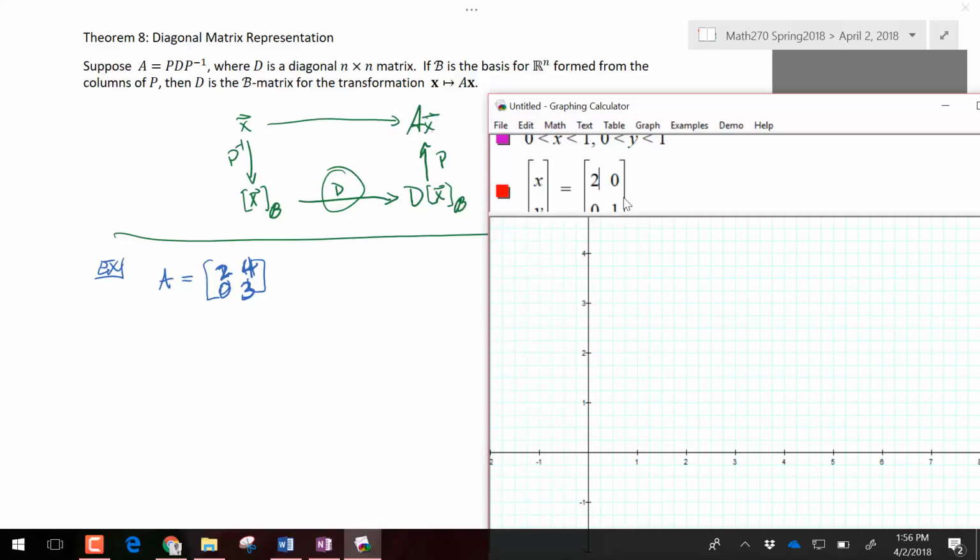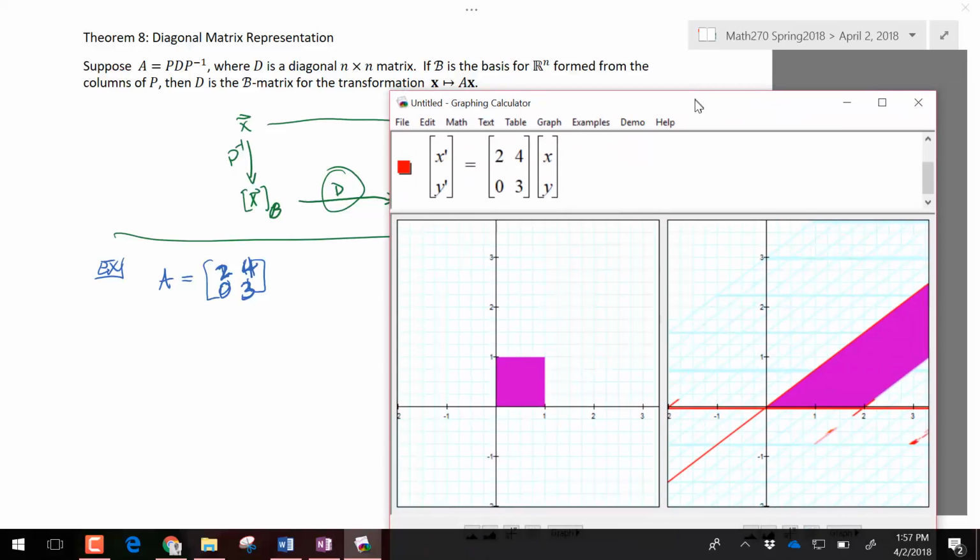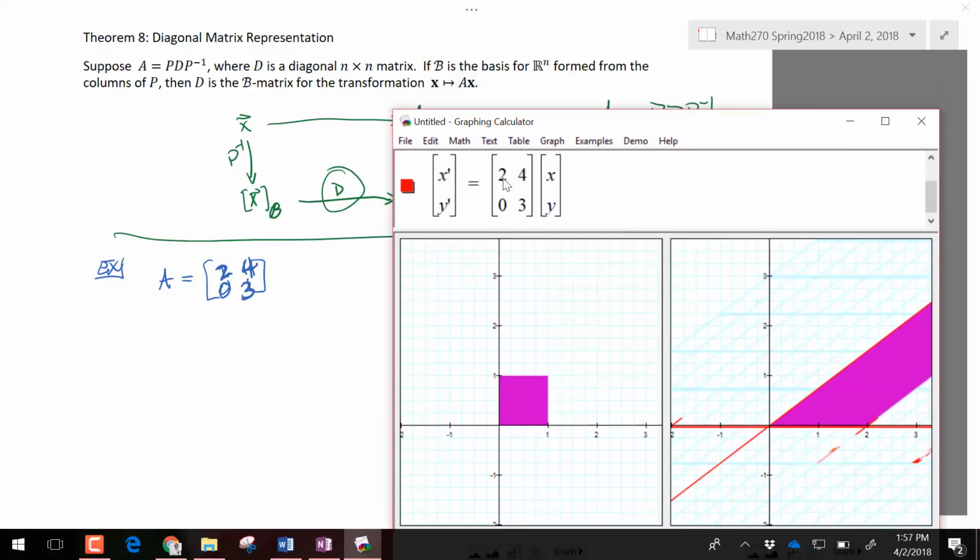2, 4, 0, 3. Oops, sorry. Prime. Prime. So it grew a little, it stretched by 2, and then this thing stretched by 3.